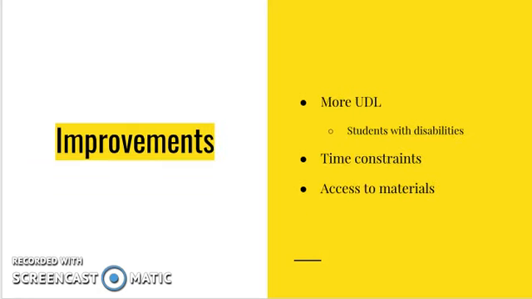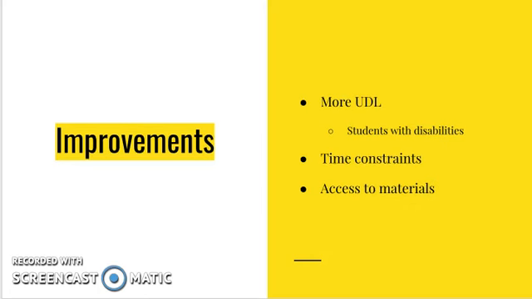And then just a few improvements that we came up with: it could touch upon more Universal Design for Learning, such as for students with disabilities. It does have different areas where it talks about English language learners and what you can do for them, but maybe we could see some more along those lines. We also talked about time constraints.